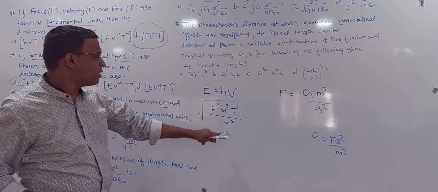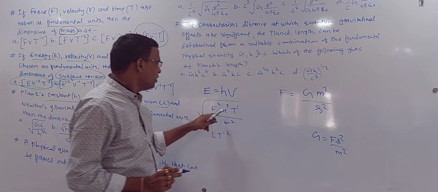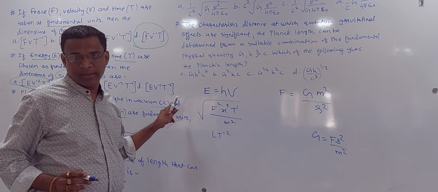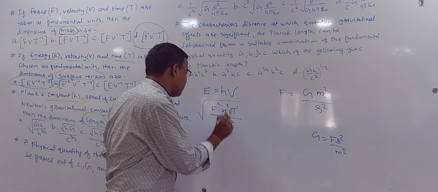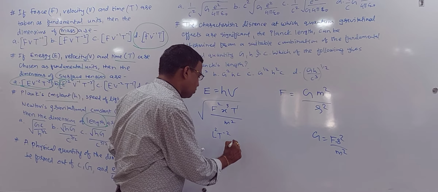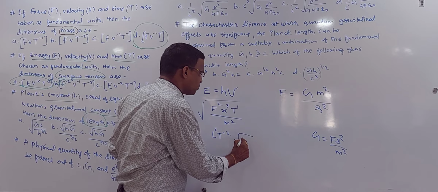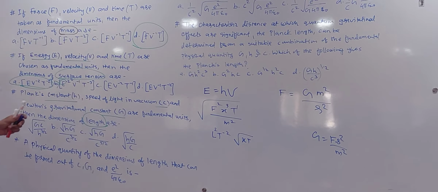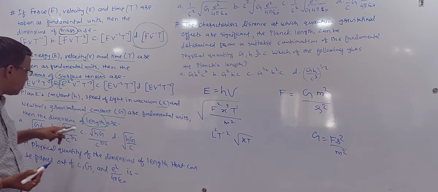So f upon m is just acceleration. Fine. x square can be pulled out, so it will be L2. So I am left with root xt. I want just L, length. So root hg is over.